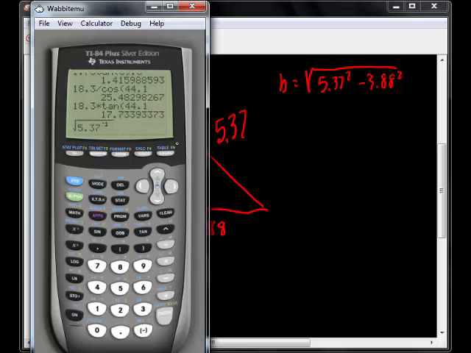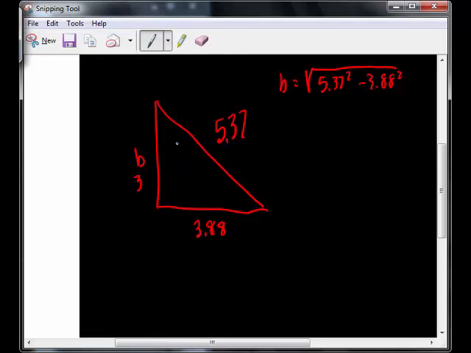Let's do it over again. Square root 5.37 squared minus 3.88 squared is 3.71.